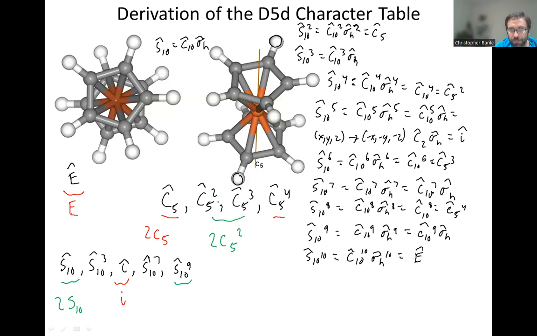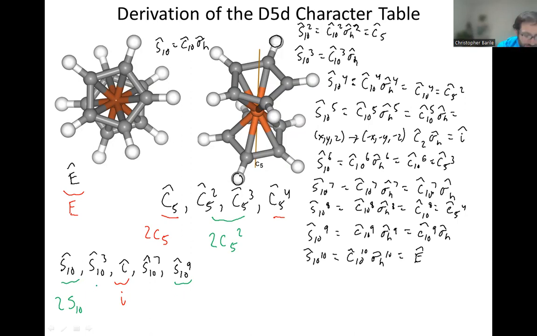Just in the same way that C5 and C5 4 are clockwise and anti-clockwise 72-degree rotations, S10 and S10 9 are 36-degree rotations followed by a mirror plane, sigma h, in the clockwise and anti-clockwise directions.